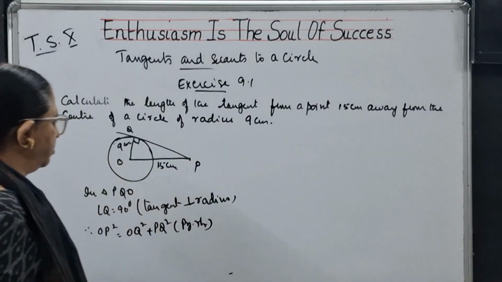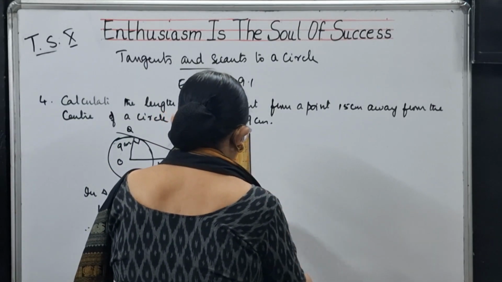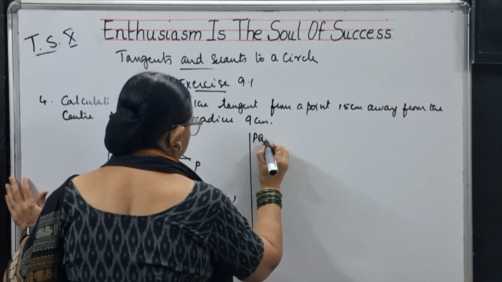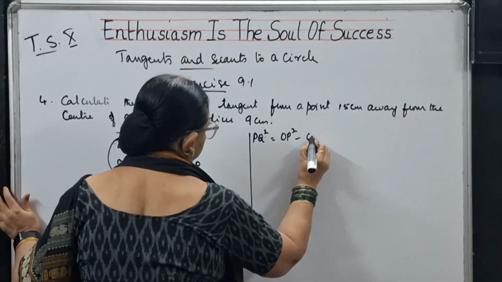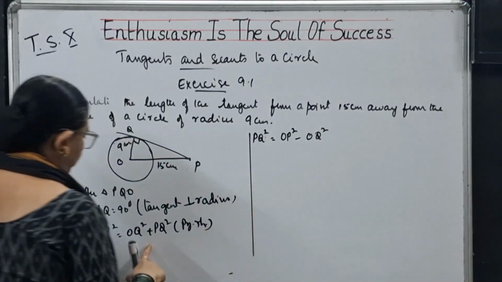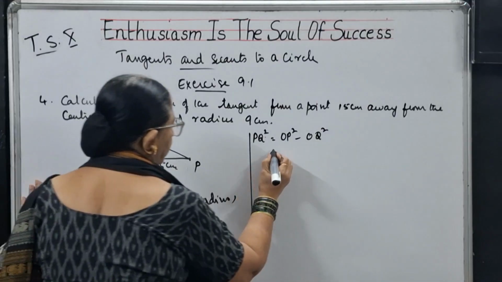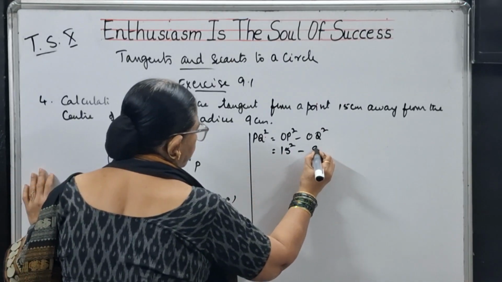The problem is the same as the earlier one, children, only the calculation part differs. So PQ square is equal to OP square minus OQ square. OQ, when it goes to this side, becomes minus. OP is 15, so 15 square minus OQ, which is 9 square.